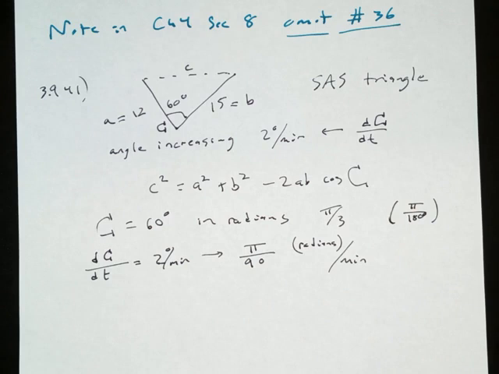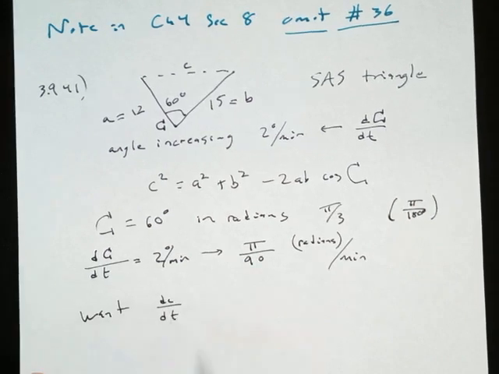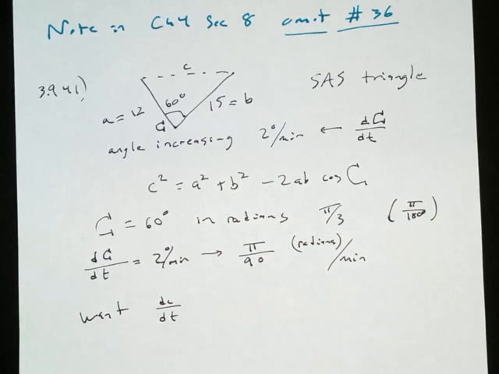I don't have an x. Right. I want the derivative of little c. I have my equation. I need to take the derivative of all the stuff with respect to time.